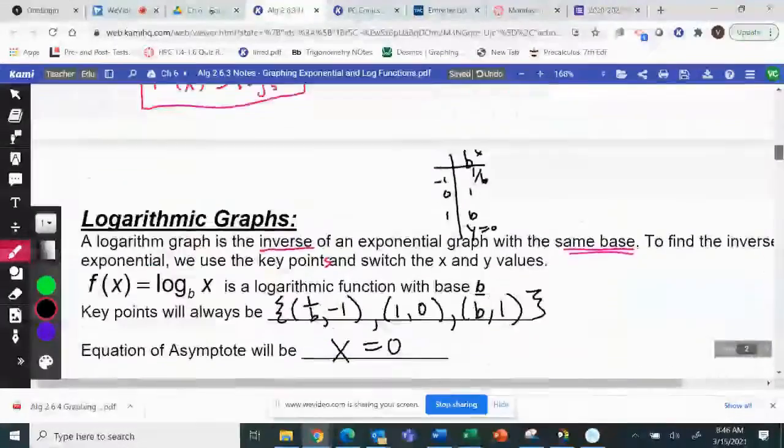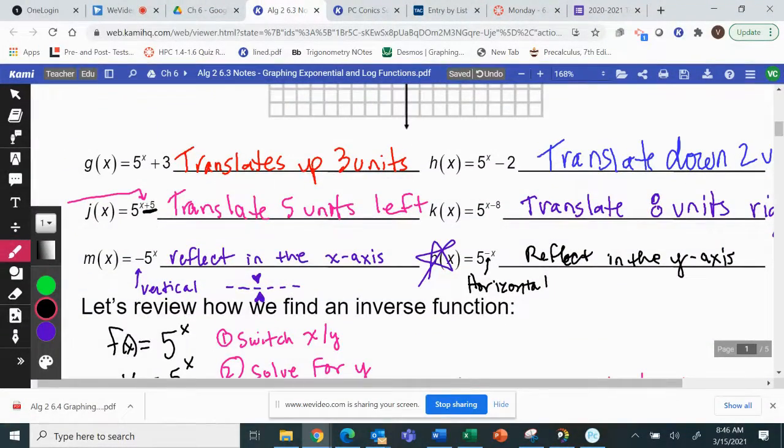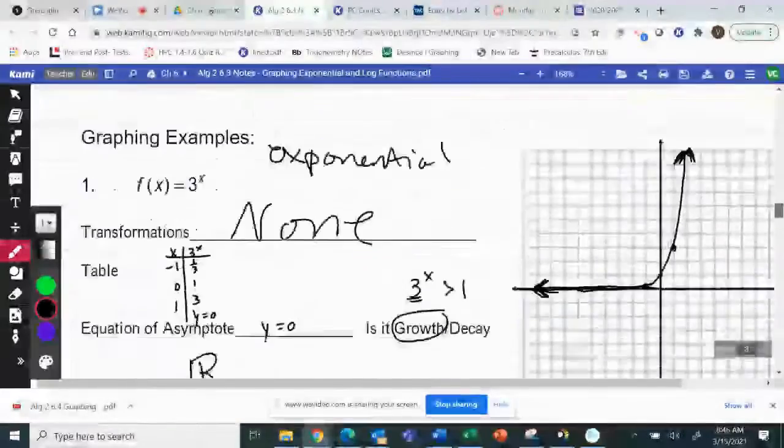So which of these is not in the exponent? This one is not in the exponent, so where are we going to move it? We're going to go up. Translate up 2 units.